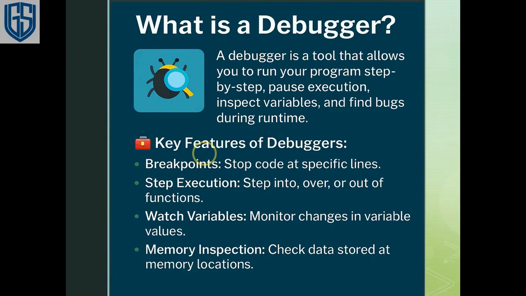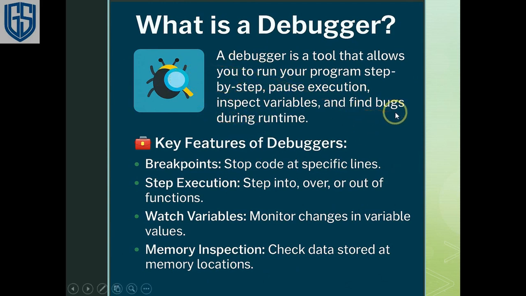And the next one is, what is a debugger? A debugger is a tool that allows you to run programs step by step, pause the execution, inspect the variables which you have created in the program, and find bugs during runtime.